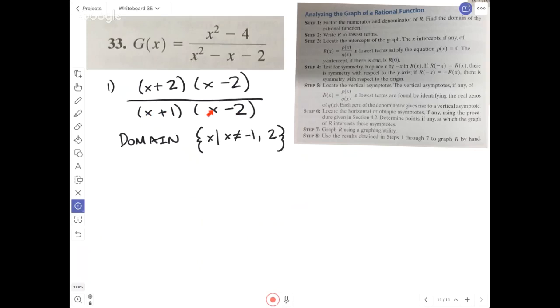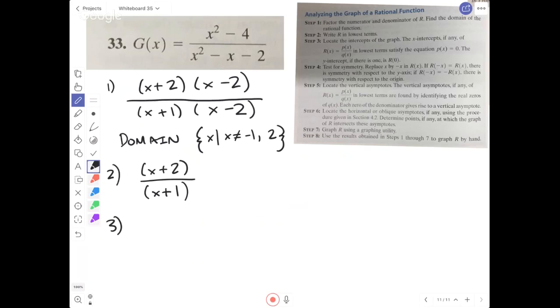If x equals 2, 2 minus 2 is 0, can't divide by 0. Cool. Step 2, lowest terms. Aha, this time we can cancel to lowest terms. Cancel, cancel. We're just looking at x plus 2 over x plus 1. That's the graph in lowest terms.